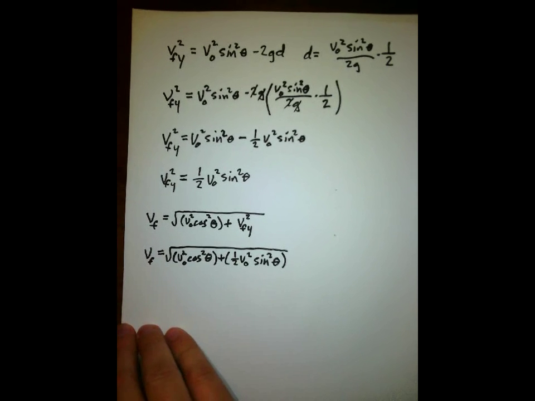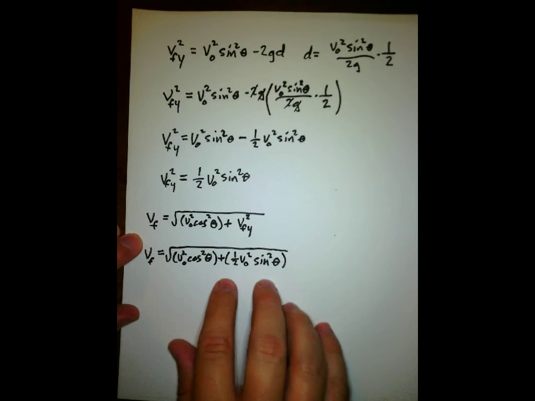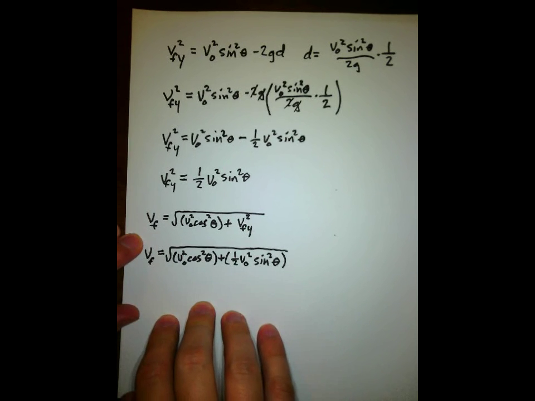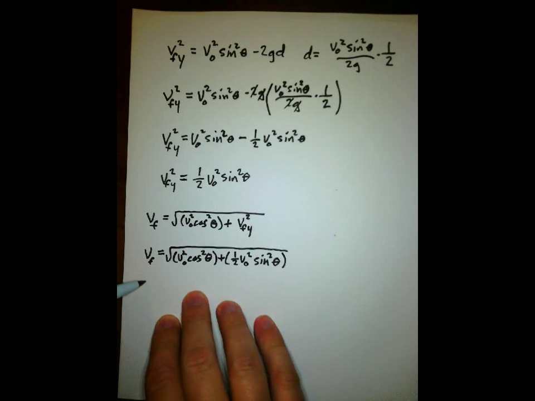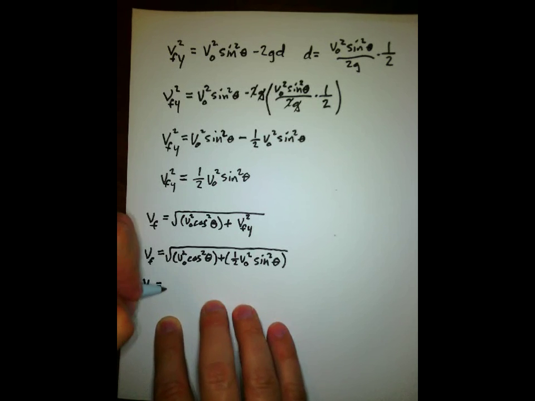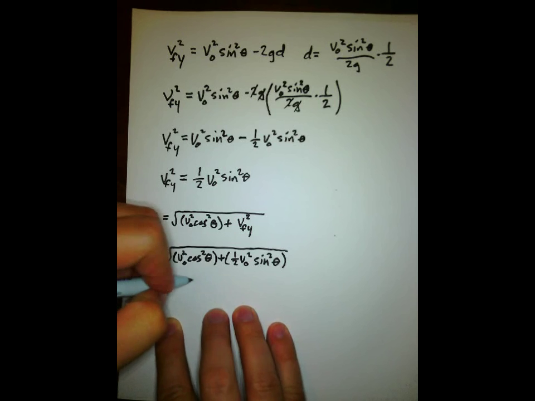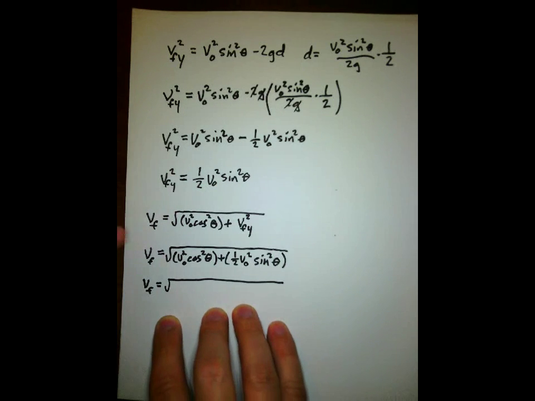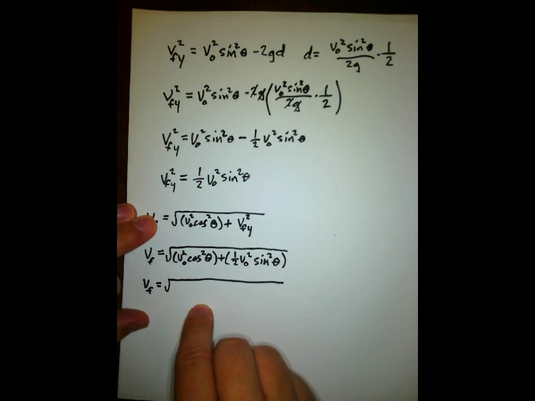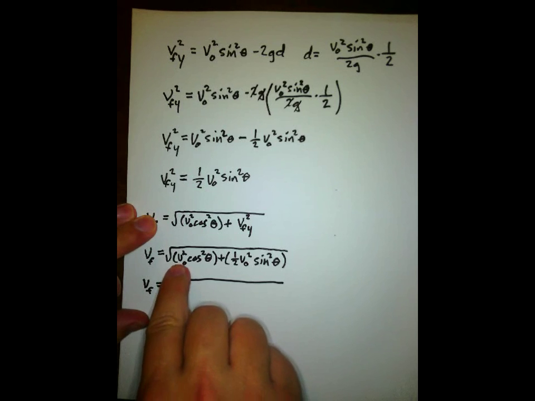Okay, so I'm going to make 2 more substitutions on this before we continue, and actually let me do one more step. So V final equals square root. Alright, I'm going to factor a V naught squared out of both terms.